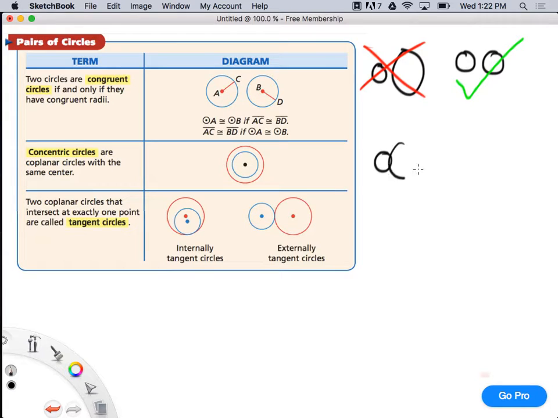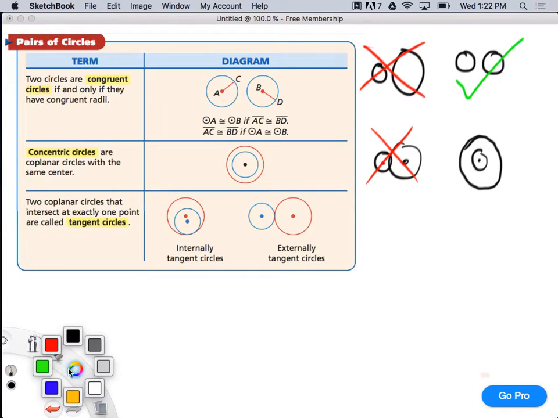These two circles here, are they concentric? No. Here's one center. Here's the other center. Do they have the same center? No, they're not concentric. What about this circle here and this circle here? Are they concentric? Yes, they are concentric.